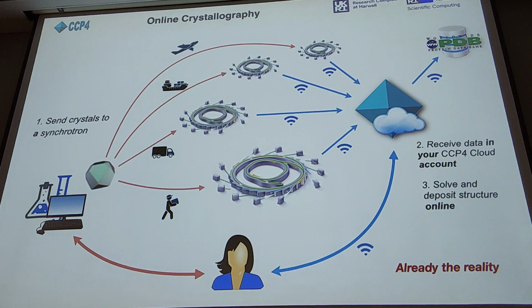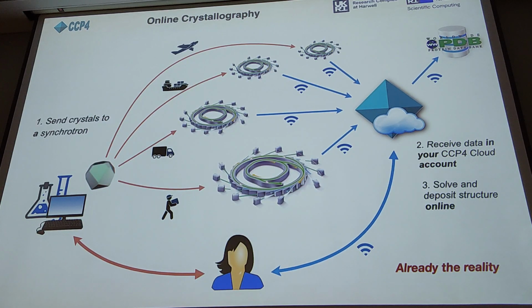And as I said, things are changing quickly, so it's envisaged that, certainly at synchrotrons we work closely with, you'd be able to run your data processing at the synchrotron.